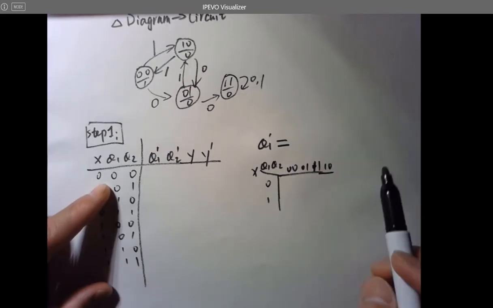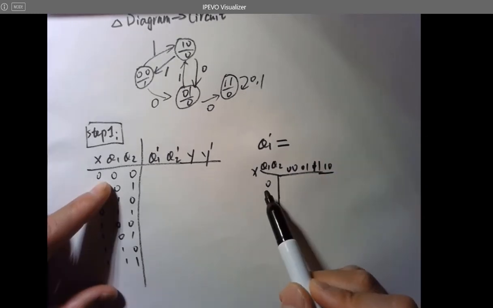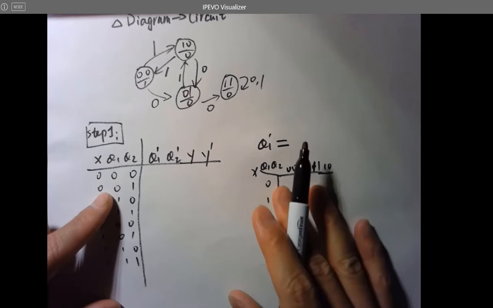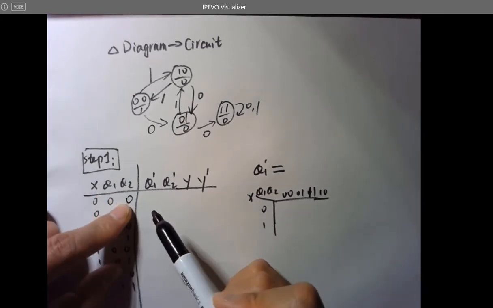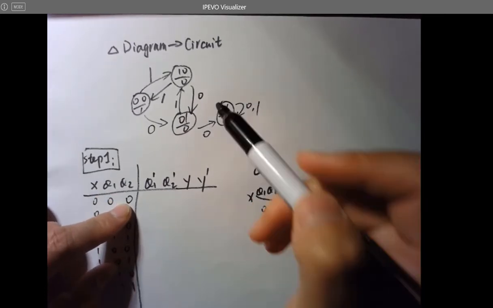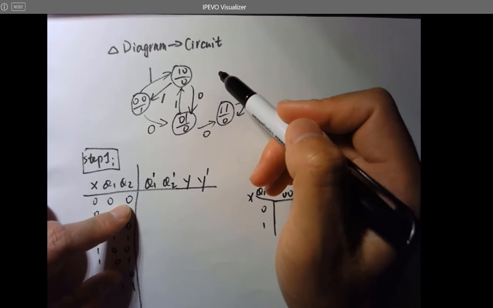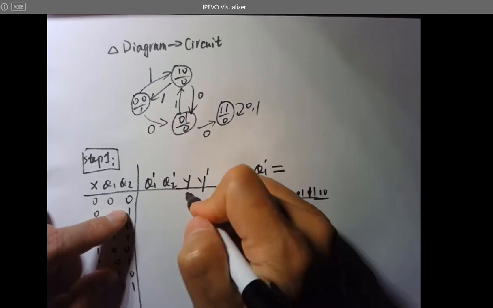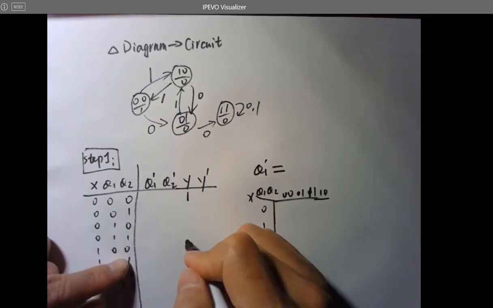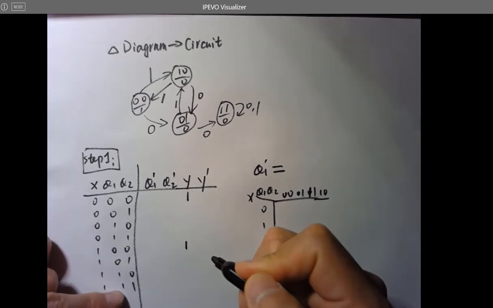And now let's see. For Q1 prime, when X is 0, Q1, Q2 are zeros, and you know that because this is a Moore state machine. When Q1 and Q2 are zeros, the Y has to be 1. And you note that, right? So for this one as well, just write it down here.